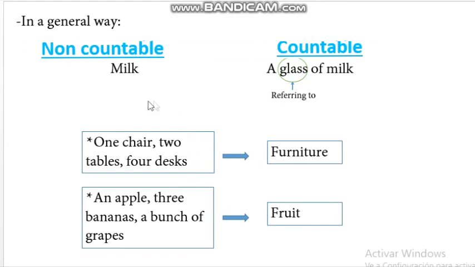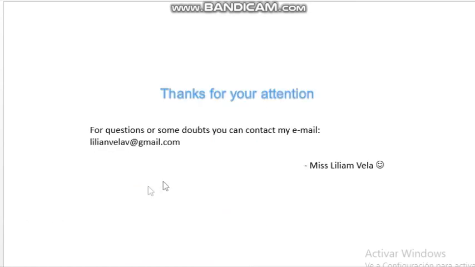But if we talk about them all together, it becomes furniture, so it is uncountable. The same with an apple, three bananas, a bunch of grapes. You can count these. An apple is one, three bananas are three, and a bunch of grapes is one bunch of grapes. So these are countable. But if we talk about them as a whole, we are going to talk about fruit, so it becomes uncountable. I hope this explanation is going to be useful for you.